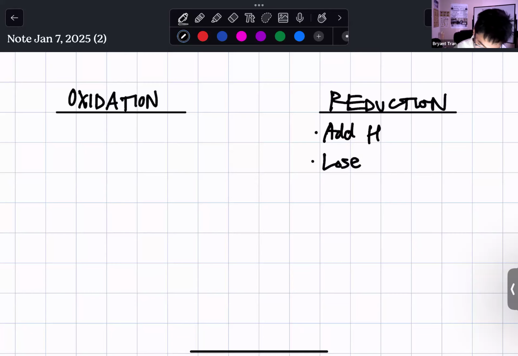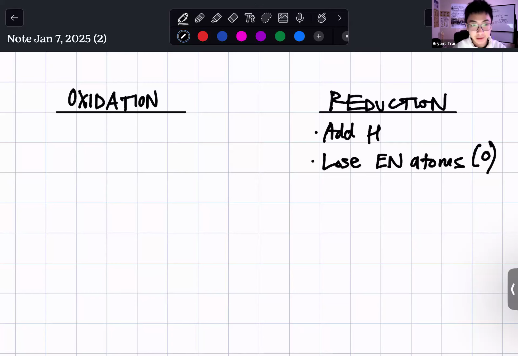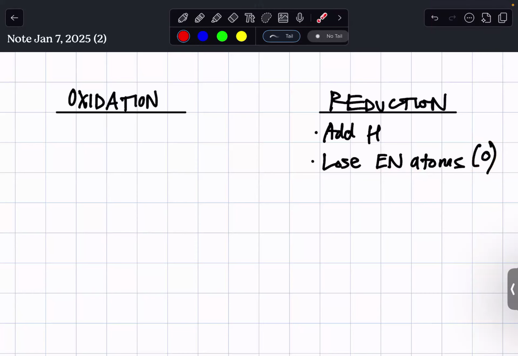Reduction is adding hydrogens or losing electronegative atoms like oxygen. Later you can reduce things where you're not removing oxygen but nitrogen. For example, when you reduce a nitrile, you're not losing oxygens, you're losing bonds to nitrogen.